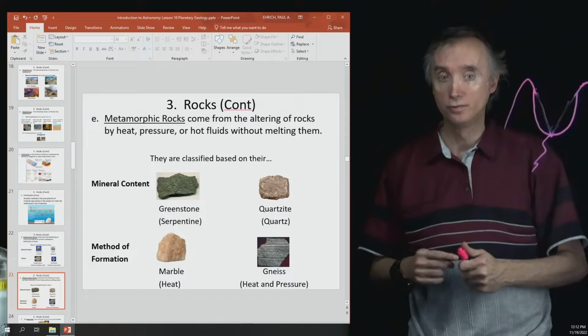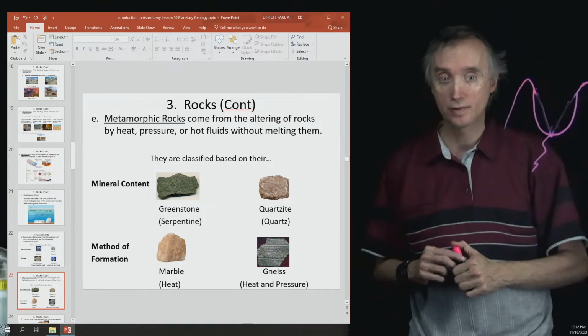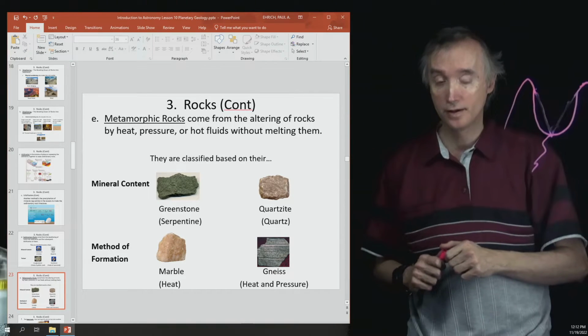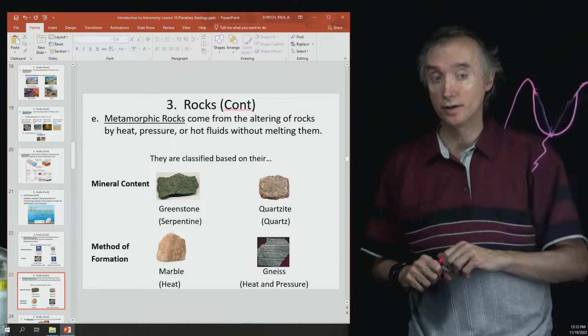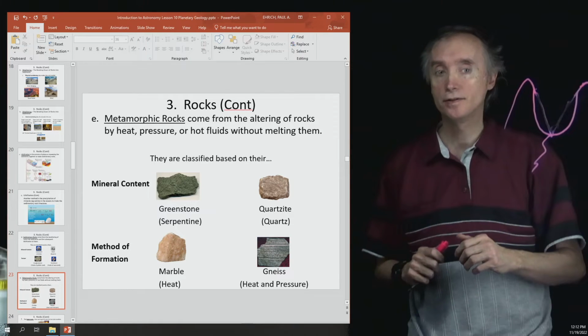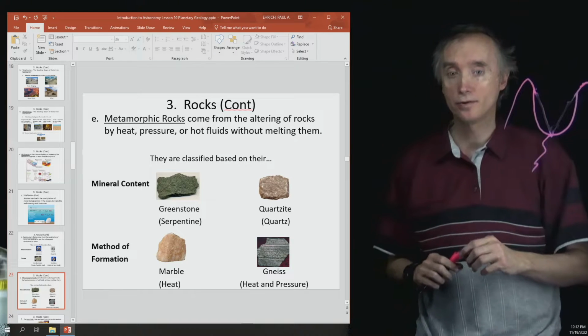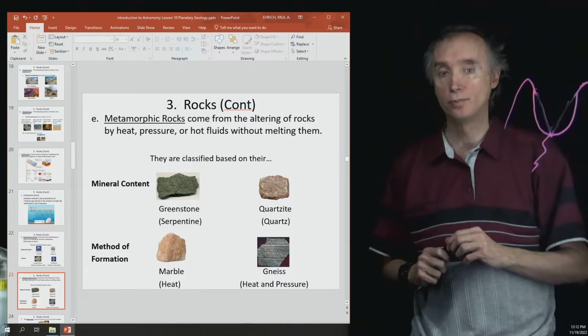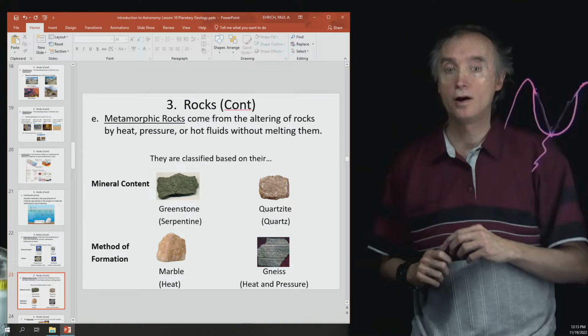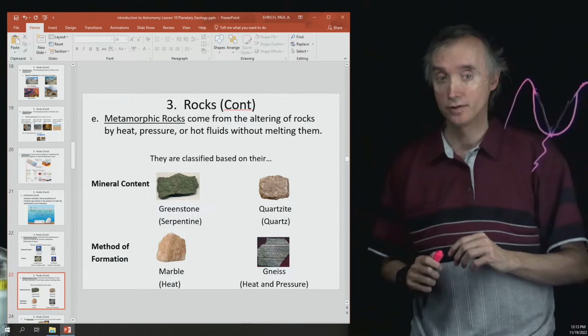So marble forms from heat, as does quartzite. And marble is metamorphosized limestone. So if you heat limestone up, it will turn into marble. And then also pressure can do it.